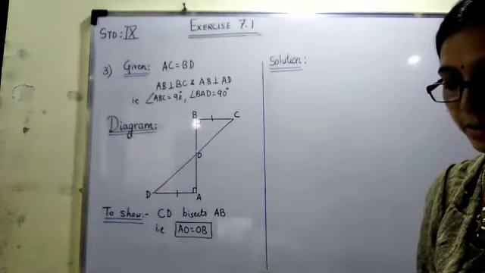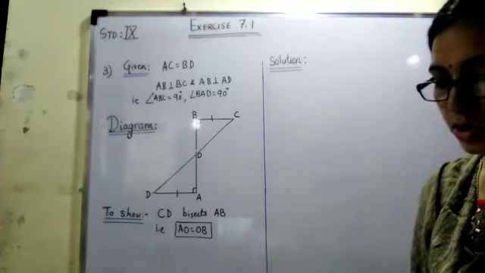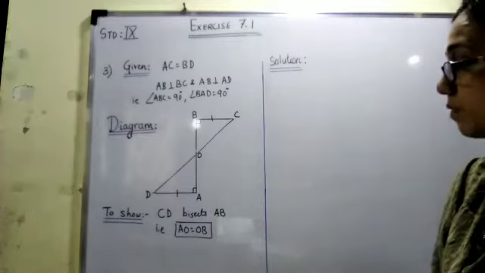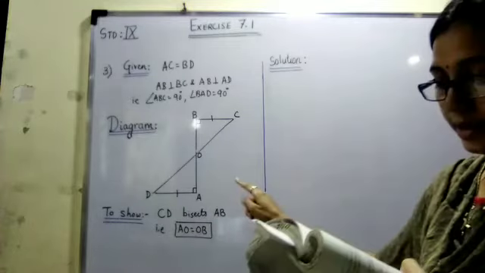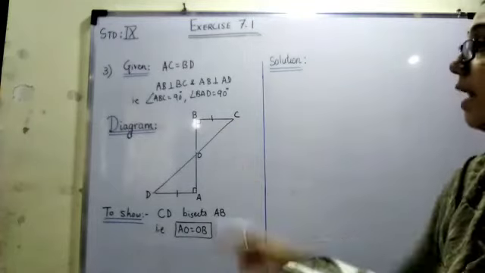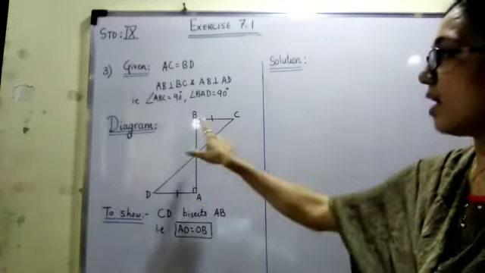Now let us see the third problem. AD and BC are equal perpendiculars to the line segment AB. So it is given that AD is equal to BC and it is perpendicular, that is AB is perpendicular to AD as well as BC.